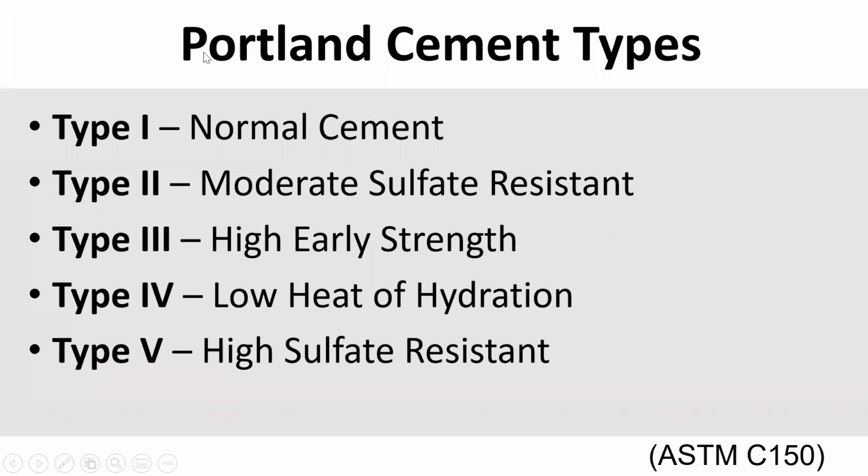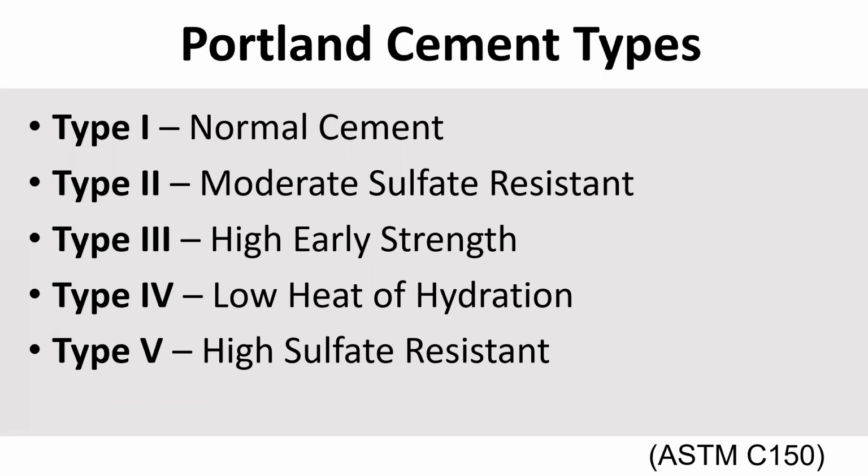So when we talk Portland cements, there are 5 different types. In general, type 1 and type 2 are the most commonly used cements in the United States. A type 1-2 is probably the product I see most commonly used, which really is a type 2 cement that meets the standards for a type 1.